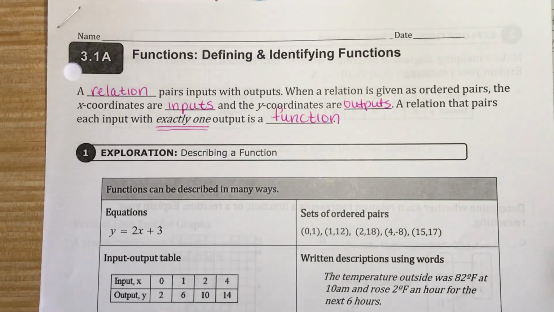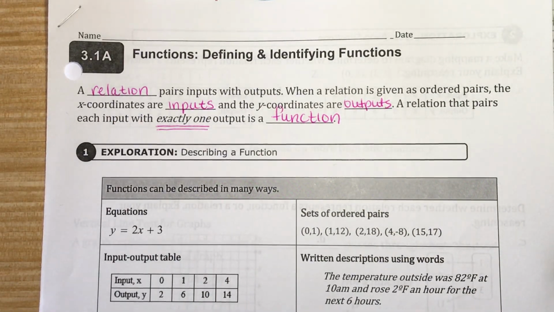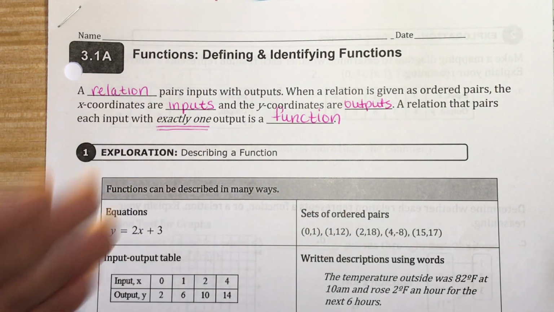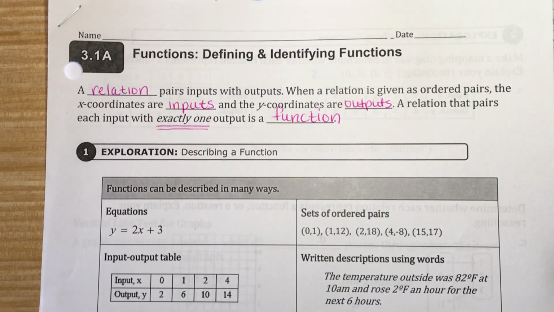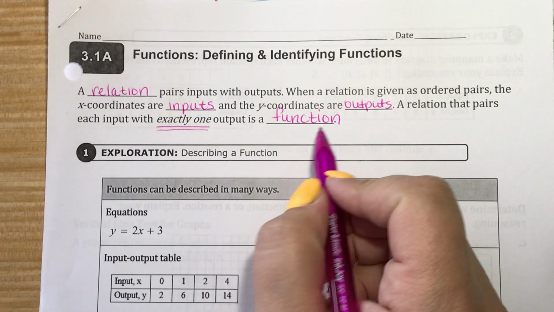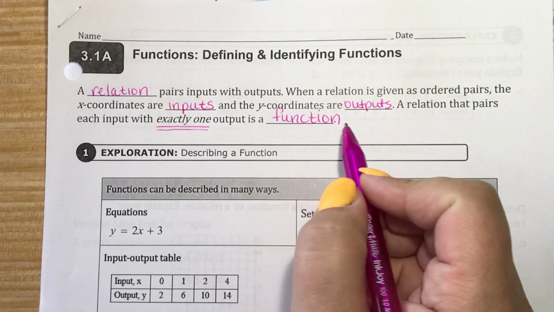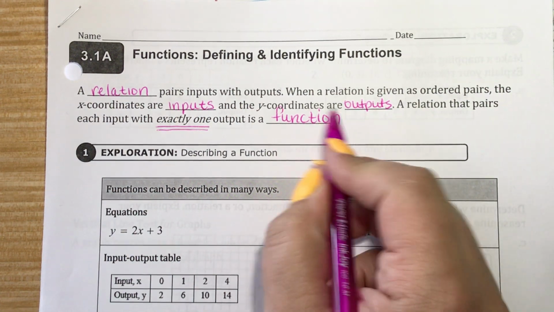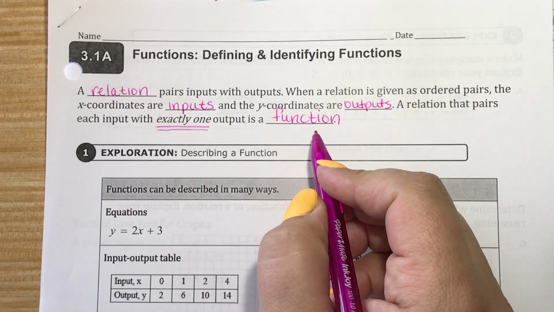I know that sounds like a pretty standard idea. I think one of the things that is the hardest about functions to wrap your brain around is that almost all the equations you already work with are functions. So it's hard to put your brain around it when it's like, well, doesn't everything do that?